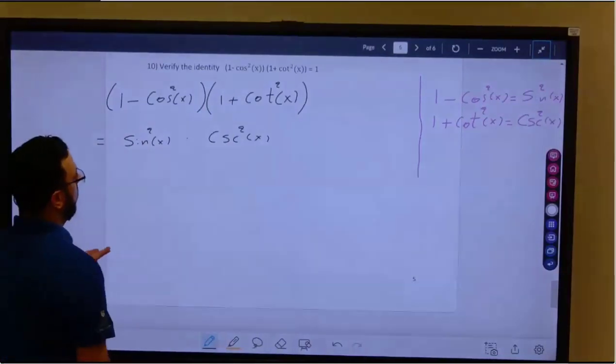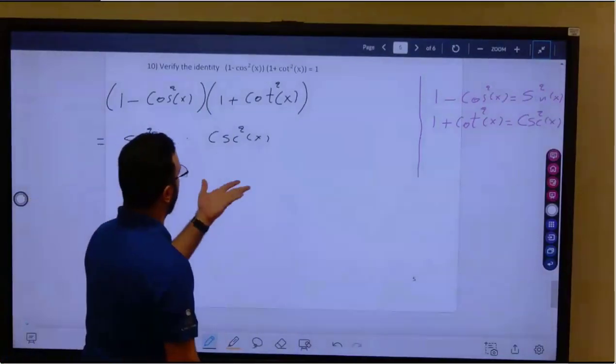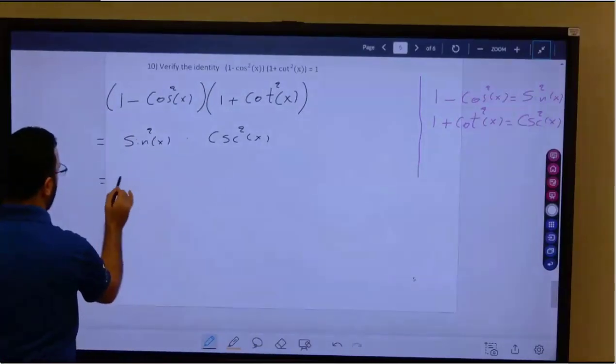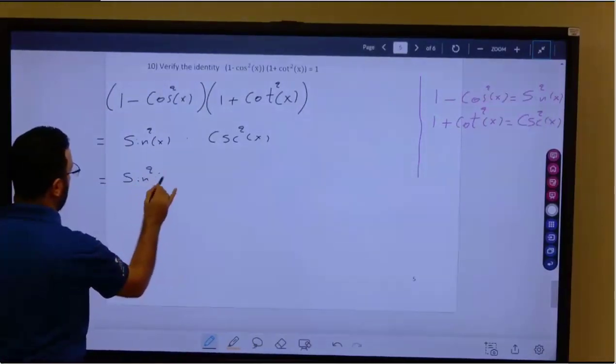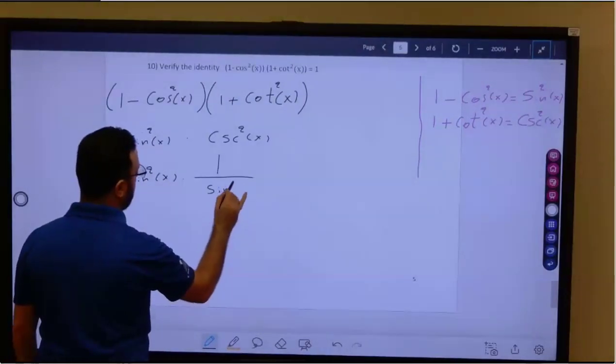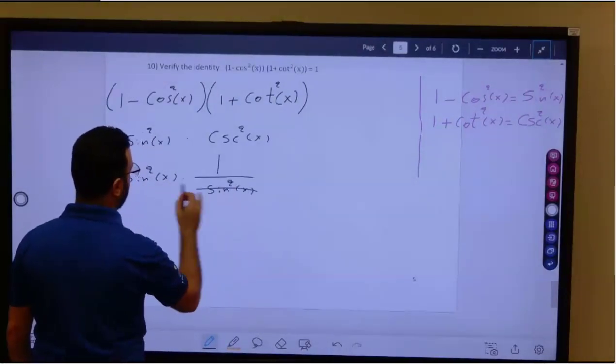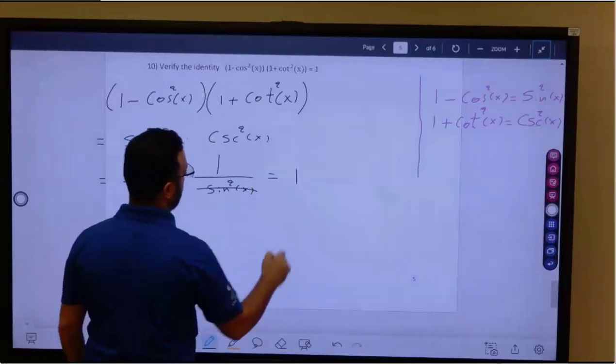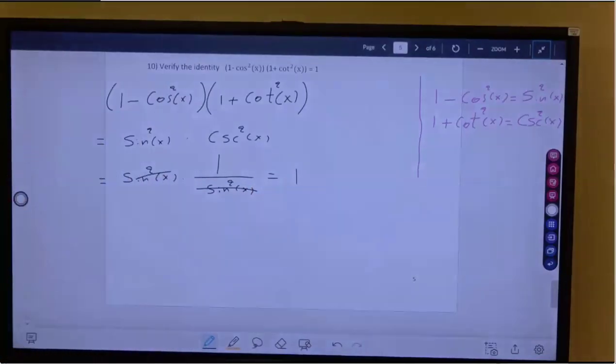I need to show this equals 1. I know the cosecant is the reciprocal of the sine. That means here is sine squared x, and here is 1 over sine squared x. Cancel these. That's it for this problem.